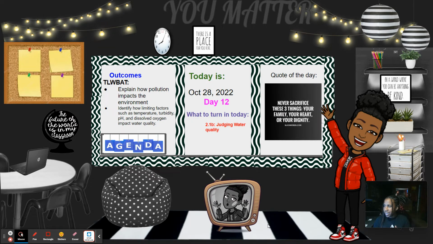Again, it's environmental science. How I discovered Modern Classroom Project was actually through Screencastify. I had applied to be a part of the Screencastify cohort to work with Modern Classroom Project, but I was waitlisted.